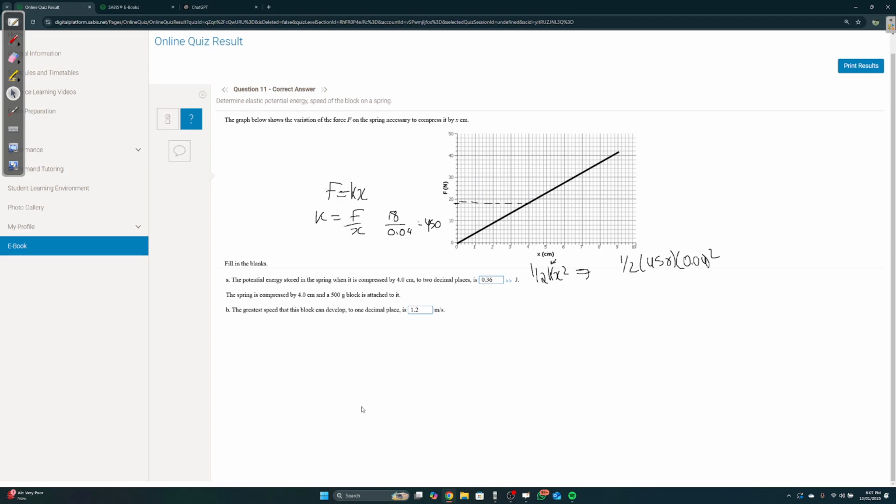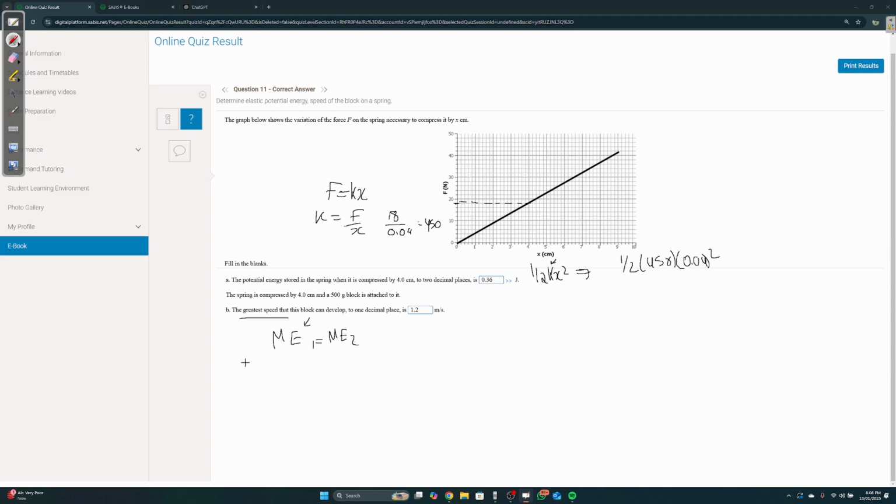The spring is compressed by 4 centimeters and the 500 gram block is attached to it. The greatest speed that this block can develop to 1 decimal place is something meter per second. So remember, for the greatest speed, you always work with mechanical energy. So mechanical energy 1 is going to be equal to mechanical energy 2. At the start, there's no height, there's no GPE, there's no kinetic energy.